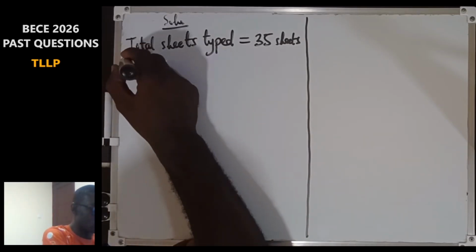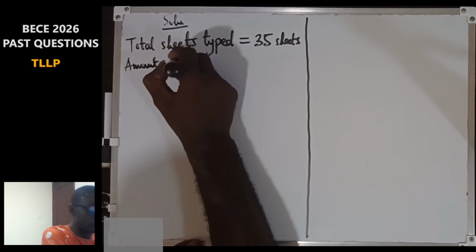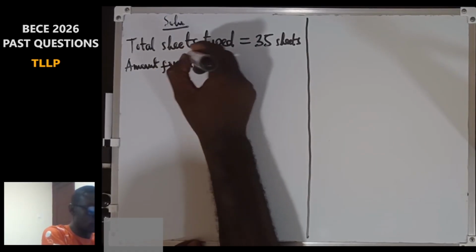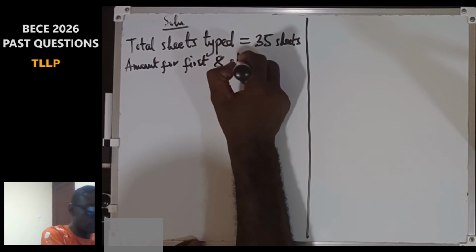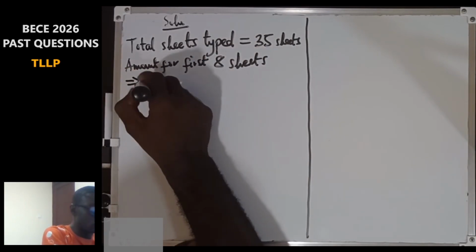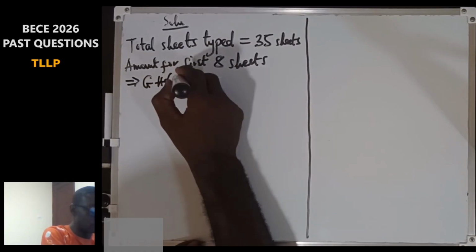So amount for the first 8 sheets, that we know is what? 68 Ghana cedis.